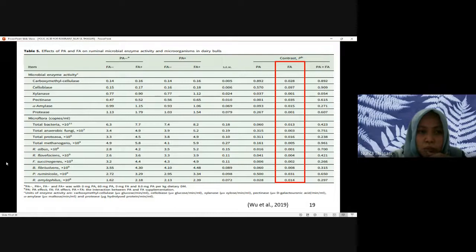I think no. The folic acid will not have an effect on the balance of the bacteria in the rumen, because its function is to promote almost all kinds of microbes, not only the bacteria but also the fungi, protozoa, and the methanogens.